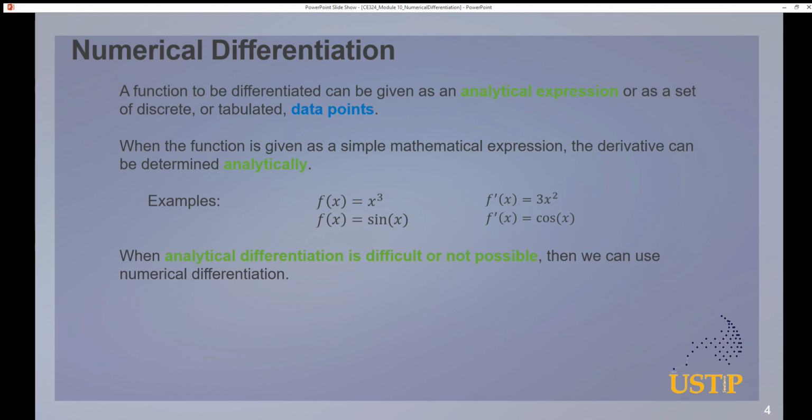But when analytical differentiation is difficult or not possible, then we can use numerical differentiation. Now, in what instances is analytical differentiation difficult or not possible? Maybe difficult, just in an exam.